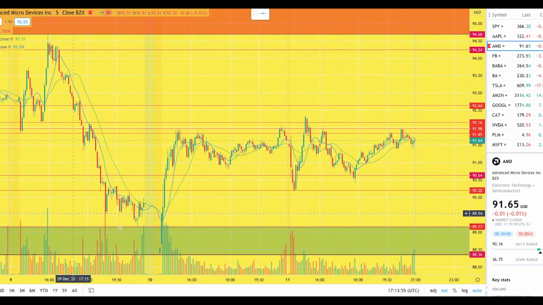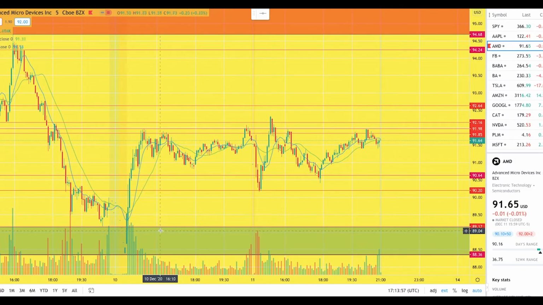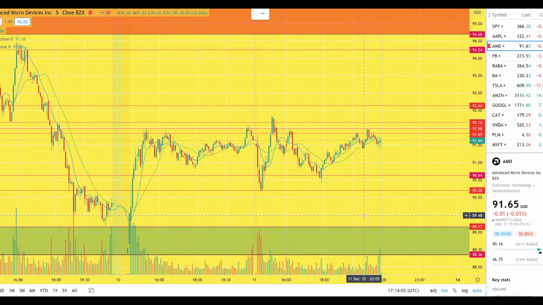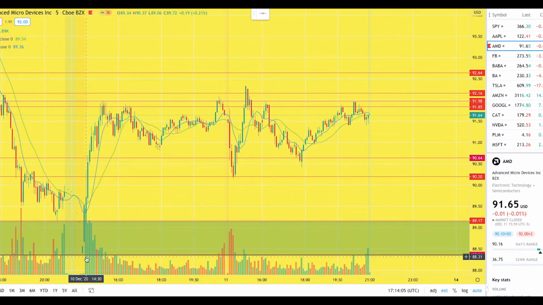You'll see it towards the bottom of the chart. These green and red bars at the bottom signify volume. Green shows the levels of buying volume coming in, and the red bars signify the seller volume stepping in.